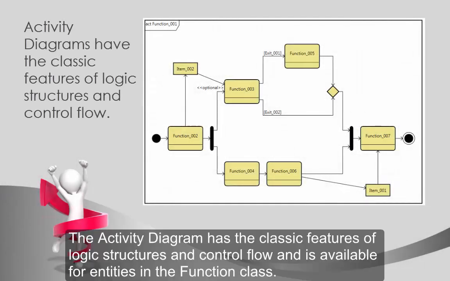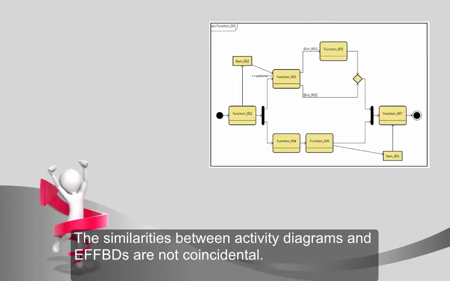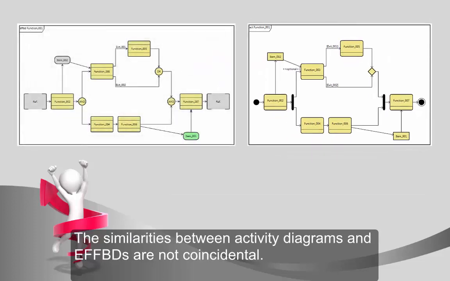The activity diagram has the classic features of logic structures and control flow, and is available for entities in the function class. It is part of the SysML representation set and is closely related to the EFFBD. The similarities between activity diagrams and EFFBDs are not coincidental.